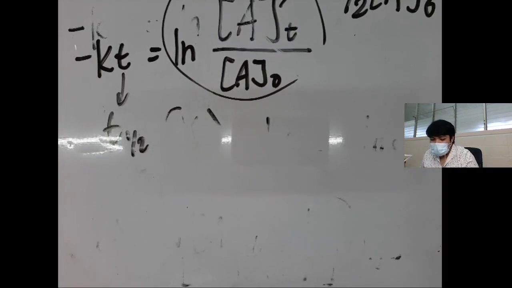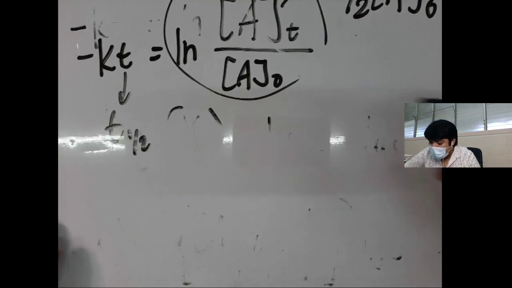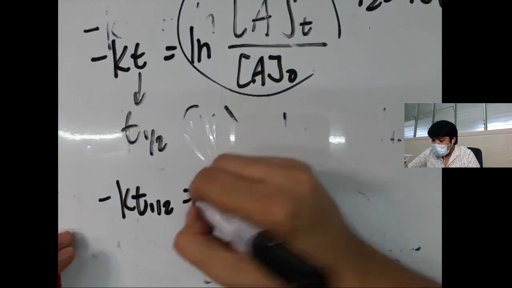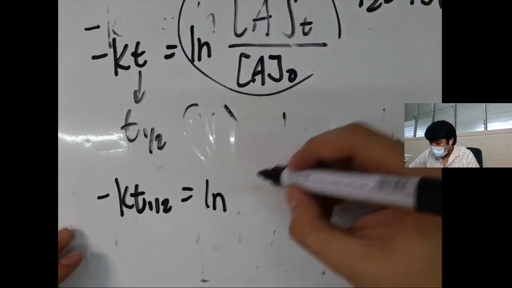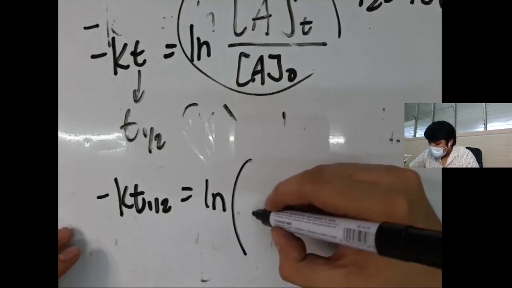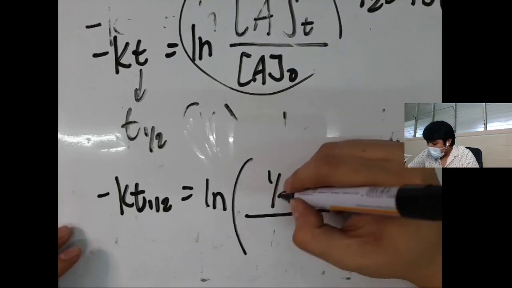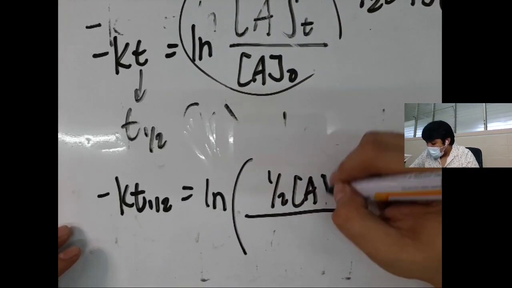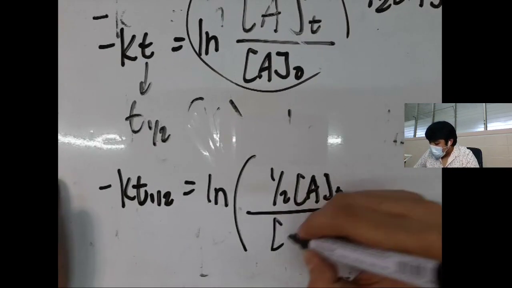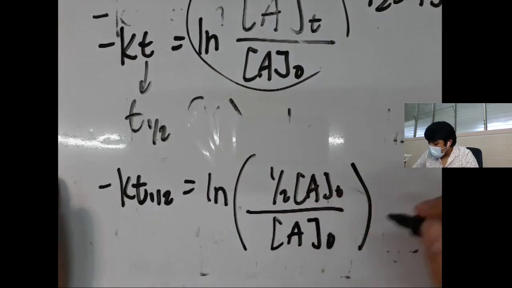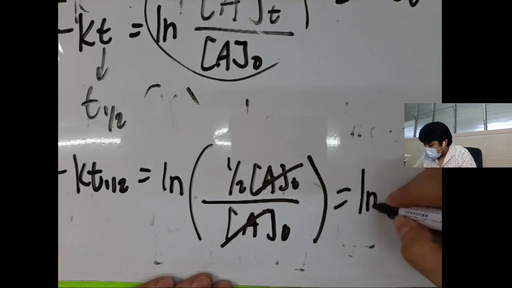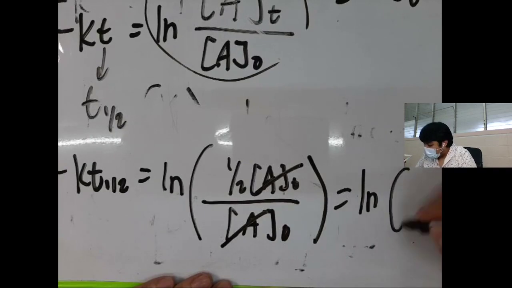Okay, so we substitute these values. So that is negative kt1/2 equals ln of one-half A0 divided by A0. So they will cancel out with each other. What you'll be left with is the natural logarithm of 1/2.